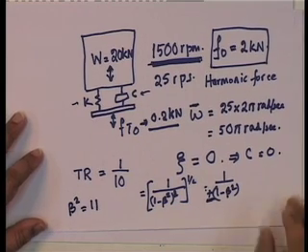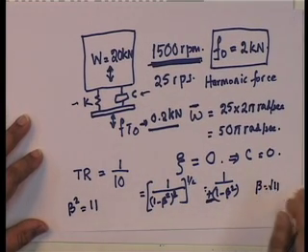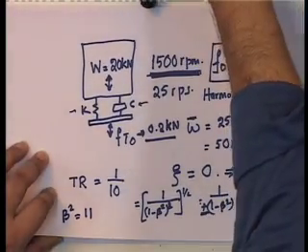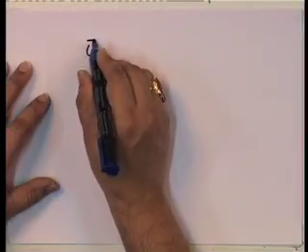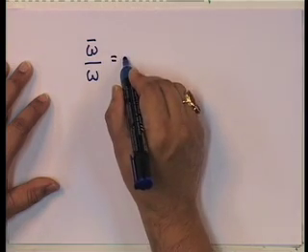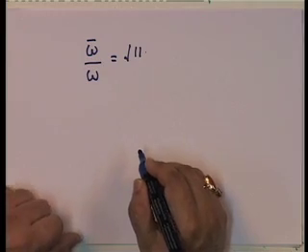If beta squared is 11, beta is equal to root 11. So, beta is root 11. What does that mean? Let us look at it. Beta is equal to root 11 implies that omega bar upon omega is equal to root 11.